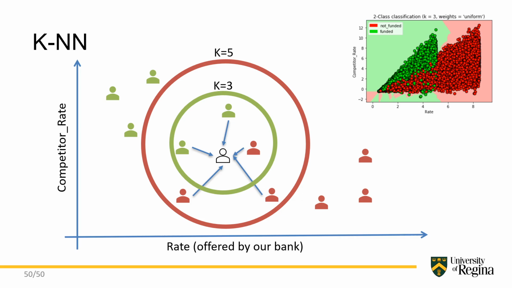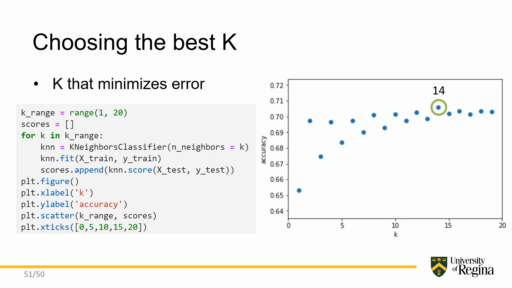When it chooses the first 3, you can see that 2 of those 3 were funded. So if we choose k equals 3, it's going to be a funded case. If k is 5, it's going to be a not funded case, because 3 out of 5 are not funded. So we generally decide that this application is going to be not funded as well.